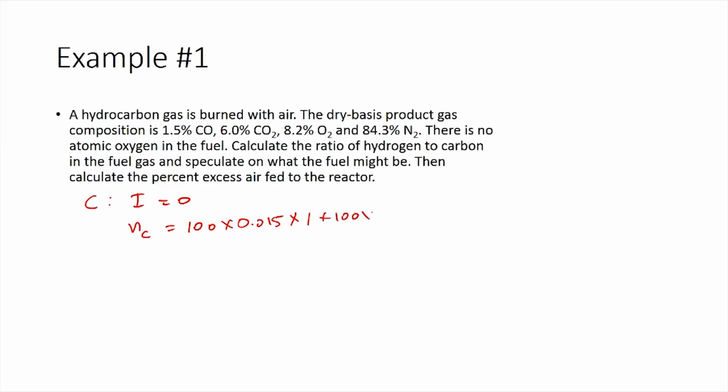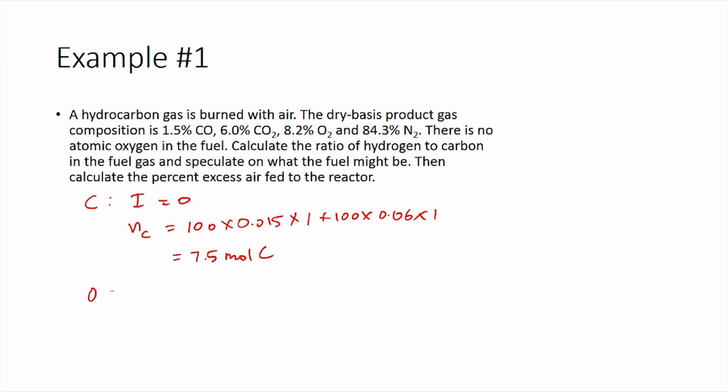This plus 100 times 0.06 times 1, which is the amount of carbon atoms leaving in the form of carbon dioxide. So, solving this, we get 7.5 moles of carbon is present in the input fuel gas.